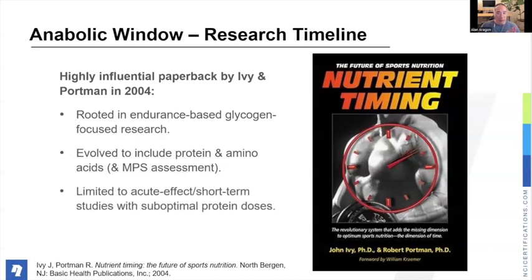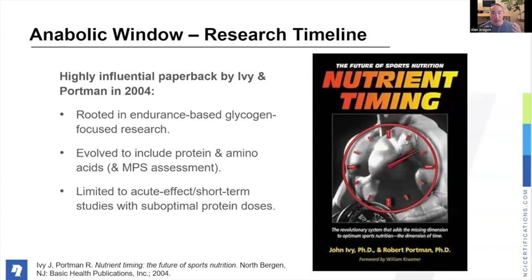So it's important to note the limitations of this short-term research that comprised the foundation for the anabolic window concept. Indeed, when protein and carbohydrate were consumed immediately post-exercise versus a significant delay post-exercise, the muscle protein synthesis response was blunted in the delayed conditions.